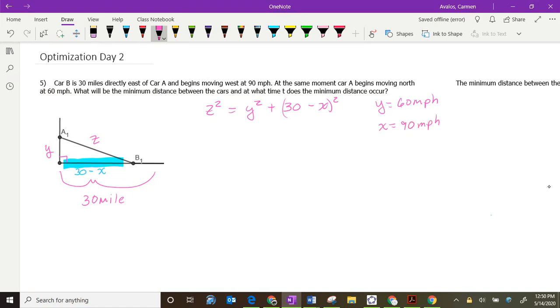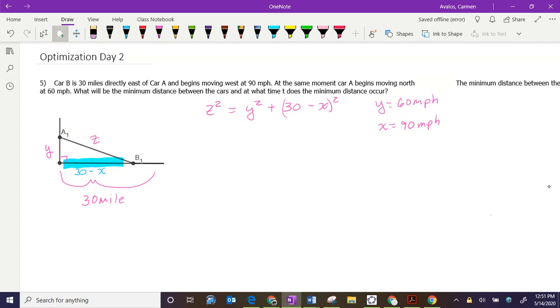That's the speed, but y is a distance, and x is also a distance. It's not a rate. So we need to change this.